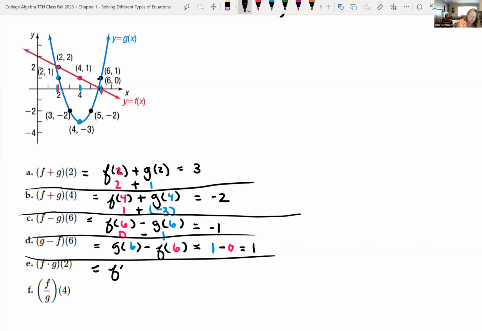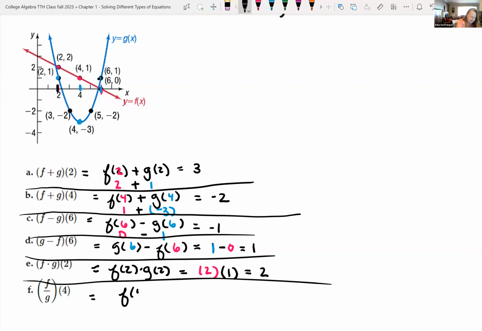The next one is we're looking at what is f of 2 times g of 2. So when x is 2, y for f of 2 is also 2. And g of 2, when x is 2, y is 1. So we have 2 times 1, which is 2. Last example, we're looking at what is f of 4 divided by g of 4.